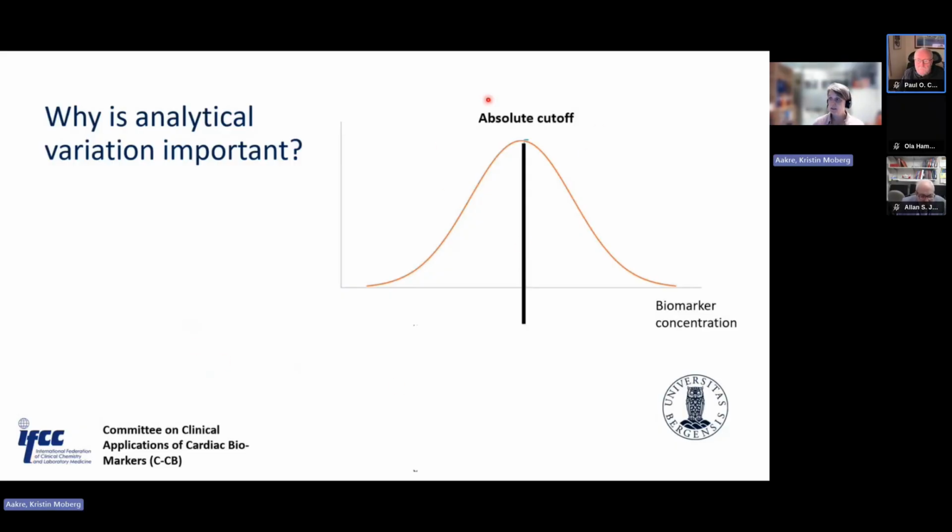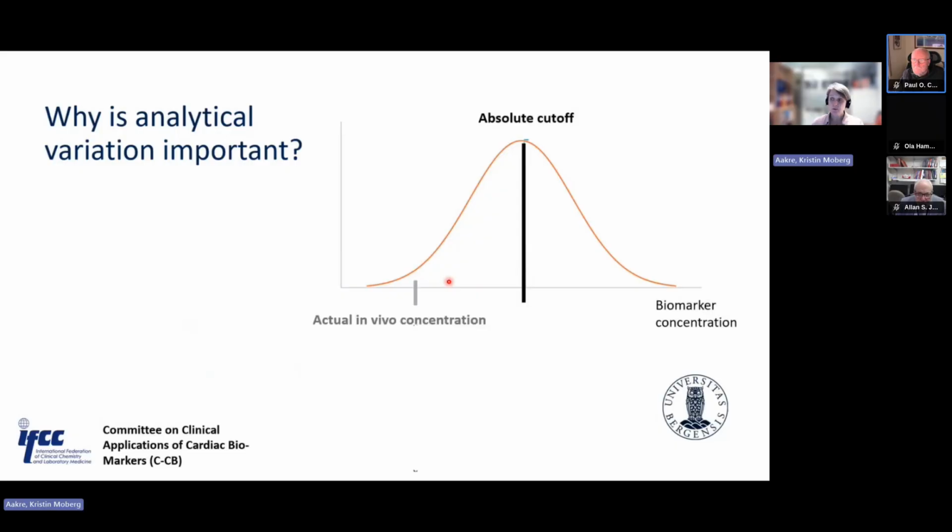If we have an absolute cutoff, which is used, for instance, in a diagnostic definition, and your patient has a concentration similar to that, there will be a variation in the results you get, which will correspond to the analytical variation of the assay. If you have exactly this concentration, there is a 50% chance of being measured above and a 50% chance of being measured below the cutoff due to the analytical variation.